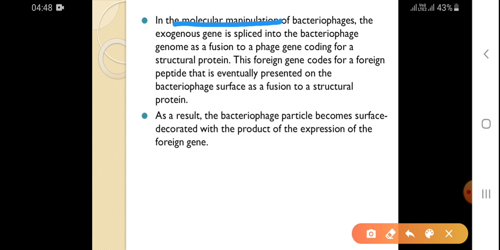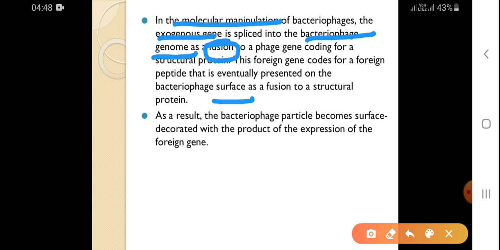It is now spliced, spliced means cut, and it is now ligated along with the bacteriophage genome. So your exogenous gene is fused with your bacteriophage genome. So this is a fusion protein. Okay, so this fusion protein is now found on the bacteriophage surface.